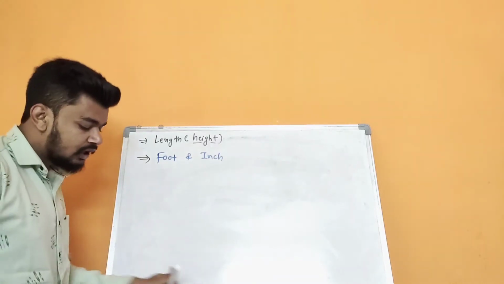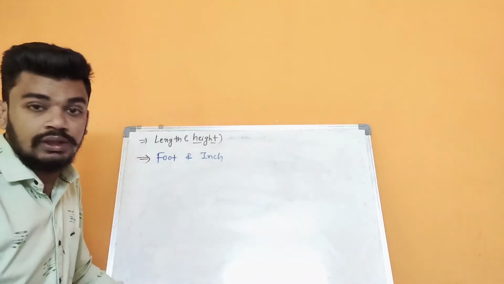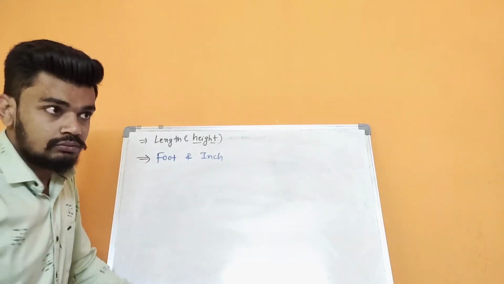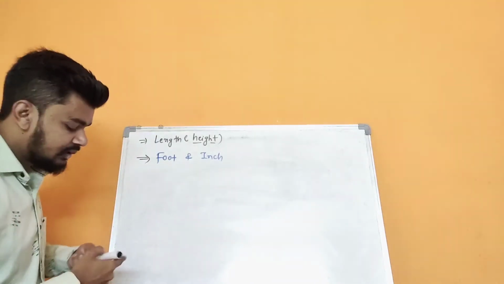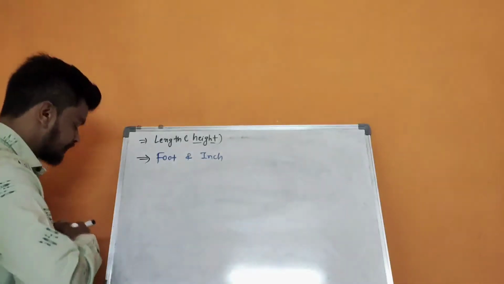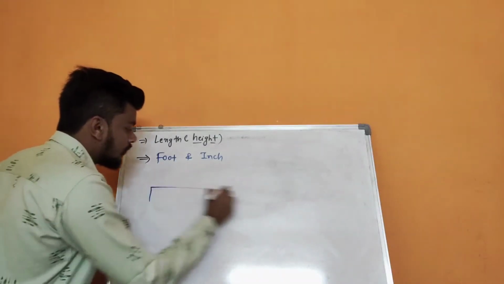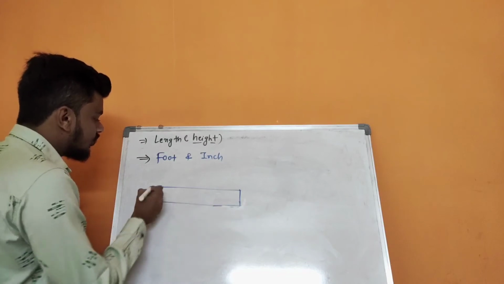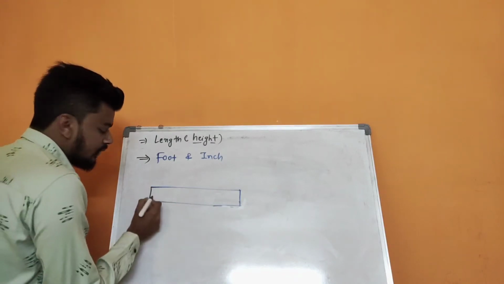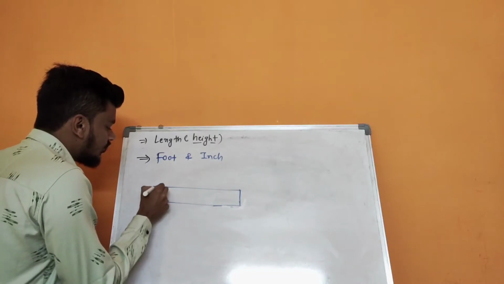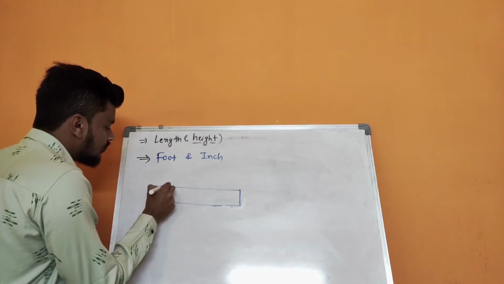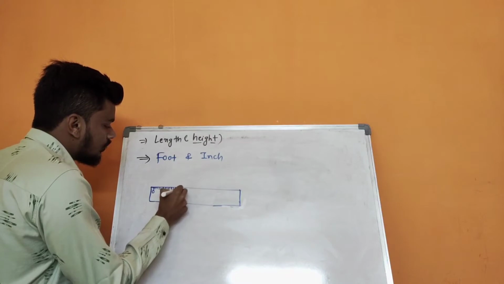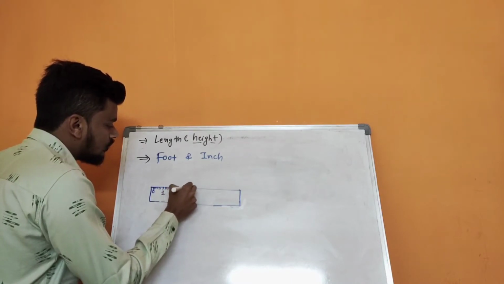I guess you all have a ruler. In a ruler we mainly look at the upper numbers. See, I am drawing it for example. This is the normal ruler you all have. It starts with 0, then after small marks, 1, and after that 2.